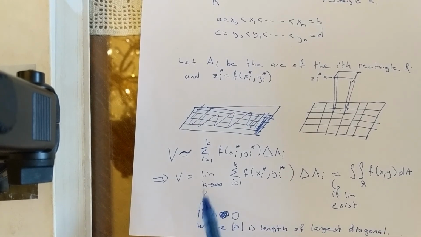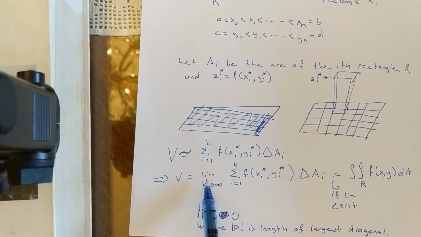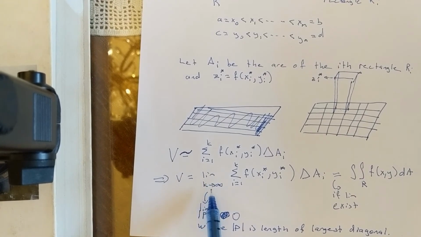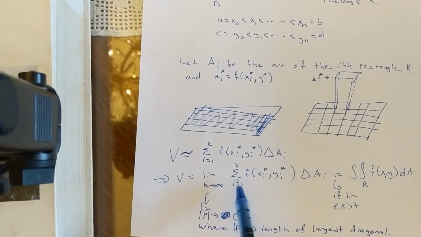Now, one would expect that we would get exactly the volume, not the approximation, in the limit as k goes to infinity. I did from the first rectangle to the kth rectangle, calculated the volumes of all those boxes, and added them up.